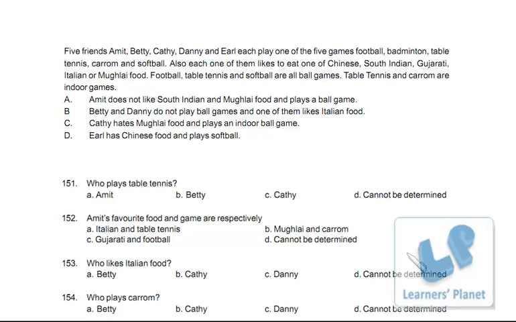Football, table tennis and softball are ball games, and table tennis and carom are indoor games. Then we have been given some clues over there. So we have to find out the correct relationship between the person, game and his favorite food. Okay, so let's try this one.